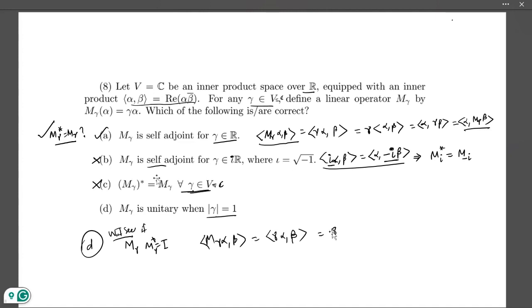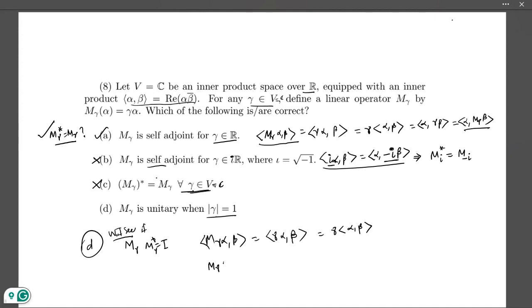No. Am I assuming gamma as a constant? Yeah, I'm assuming gamma as a constant. Sorry. So gamma will go out if it is in the first coordinate, as usual, for beta.